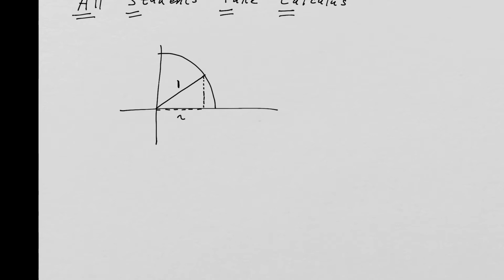Remember, this is my x value, and this is my y value, because this coordinate would be (x, y). So I have a right triangle where the two legs have lengths x and y, and the hypotenuse, which is the radius, has length 1. And this is the angle theta here. So what I can do is use the Pythagorean theorem.